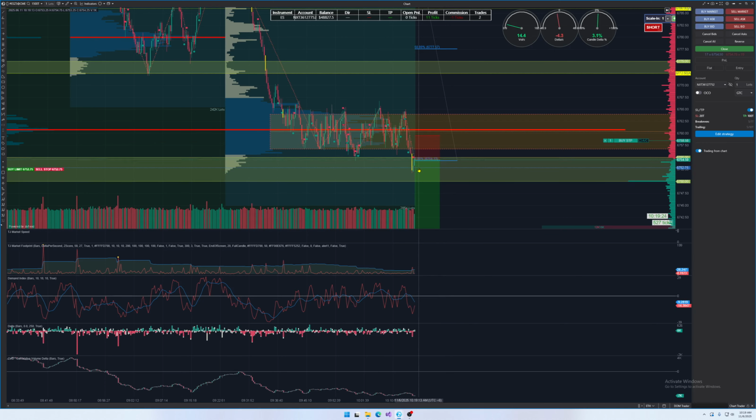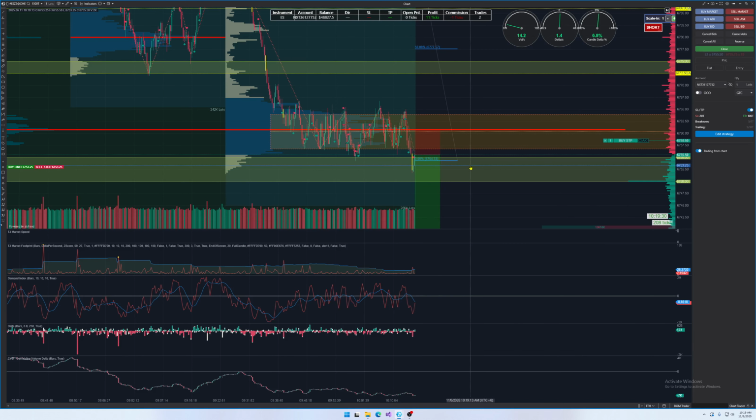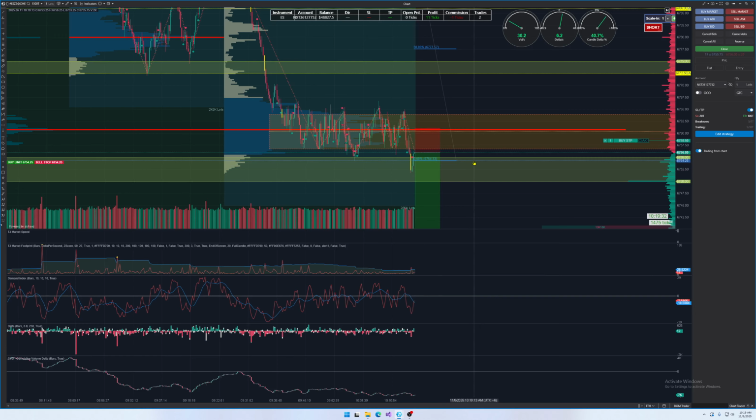It just collects here because here are all the sellers, and it buys contracts cheap, cheap, cheap here. And then the buyers are coming in, pushing the market even higher.